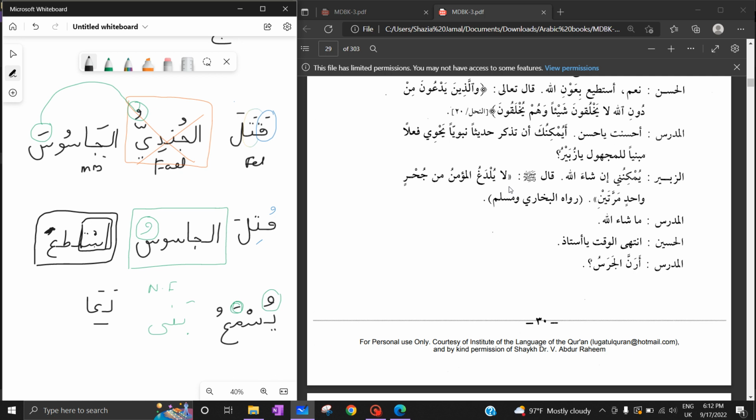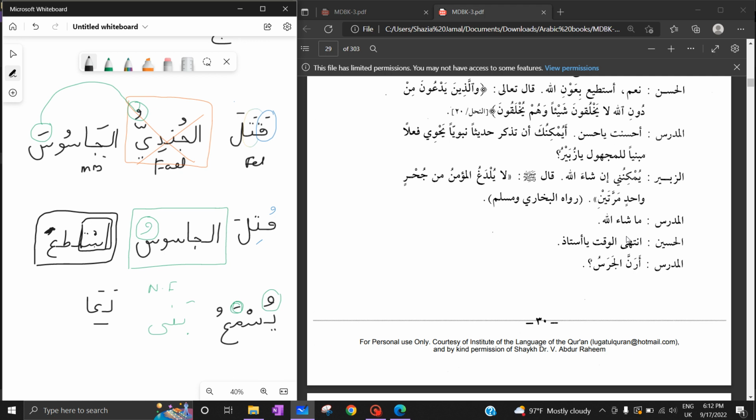Like if you are bitten from the hole, it will be foolishness if you are bitten from that same hole again. Rawah al-Bukhari wa Muslim. Rawahu means it is narrated by Bukhari and Muslim. So this hadith is authentic.